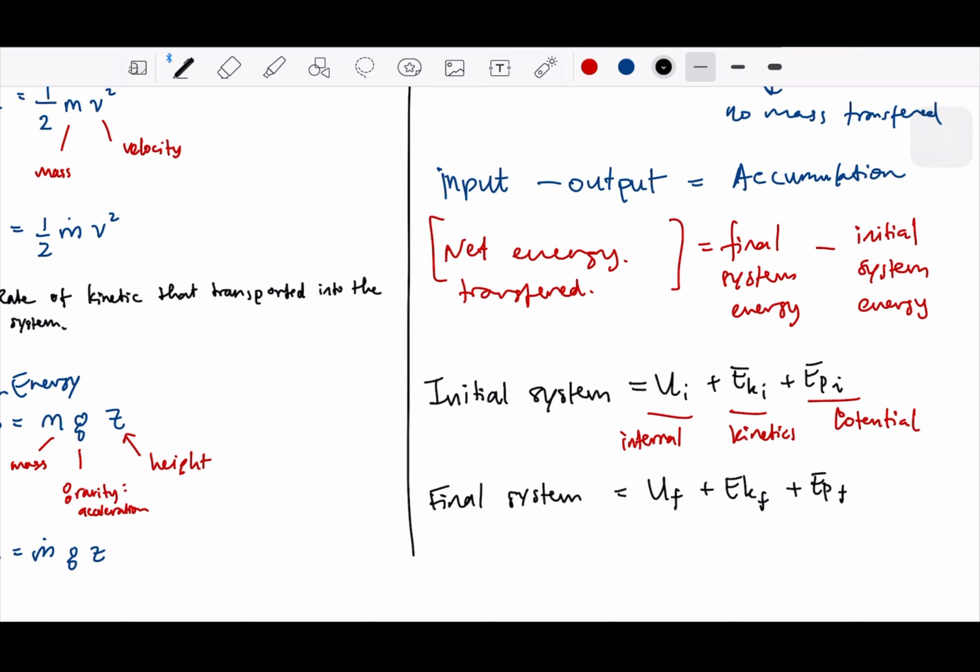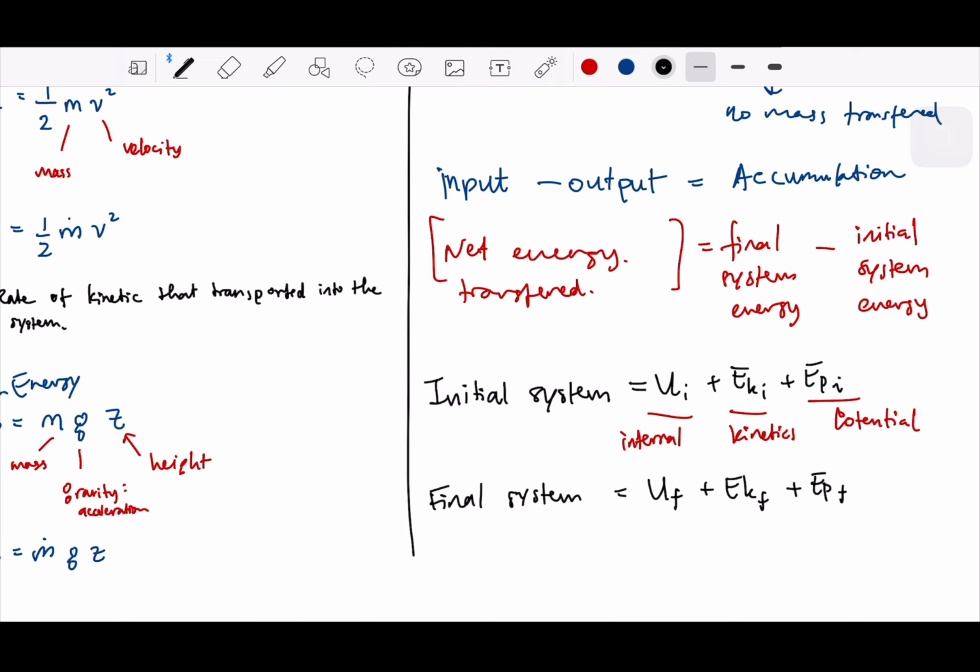Actually, we have the general term in the accumulation. This is actually the general equation for the energy balance. So we are trying, step by step, to look at what we have in the system, and we are trying to take it into our balance equation. For the previous one, we have the internal, kinetic, potential, and also we have the work, right?